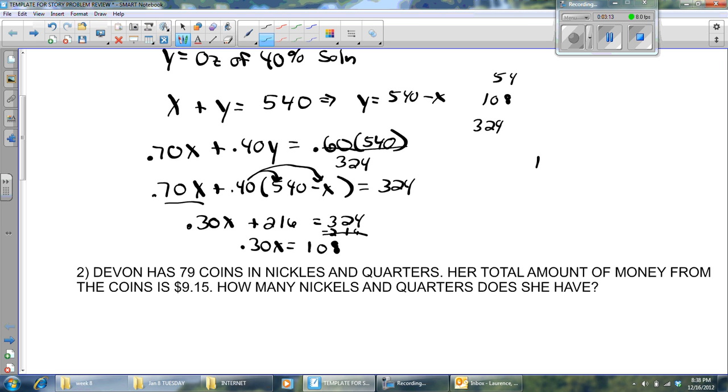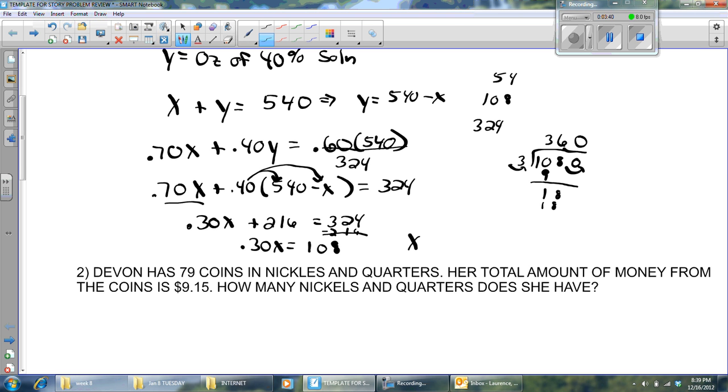All right. And I'm going to divide by 0.3. So if I take 108 and divide by 0.3, and I do my little long division, that's going to move my decimal point one place here. And so 3 is going to go into 10 3 times, right? 18, 3, 6, 360.